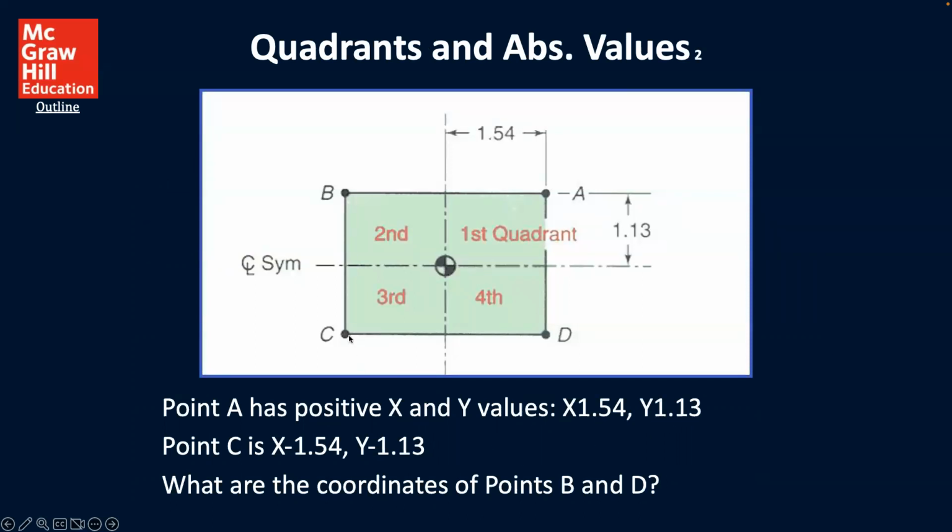C has both negative X and Y, so we have to put in this minus sign. So C is X minus 1.54, Y minus 1.13. And so you can be thinking about how we would come up with the designations for B and D. One's going to be positive, one's going to be negative, and hopefully this diagram will help you to figure those out on your own. You can pause the video and try to do that if you would like.